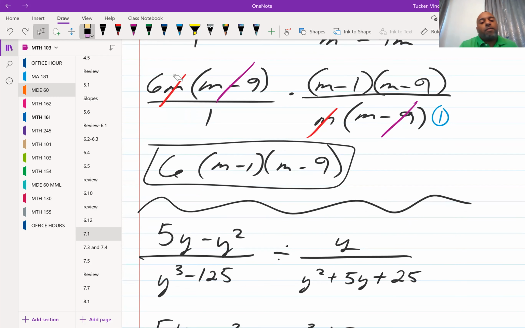All right, next one: (5y minus y squared) over (y cubed minus 125), divided by y over (y squared plus 5y plus 25).